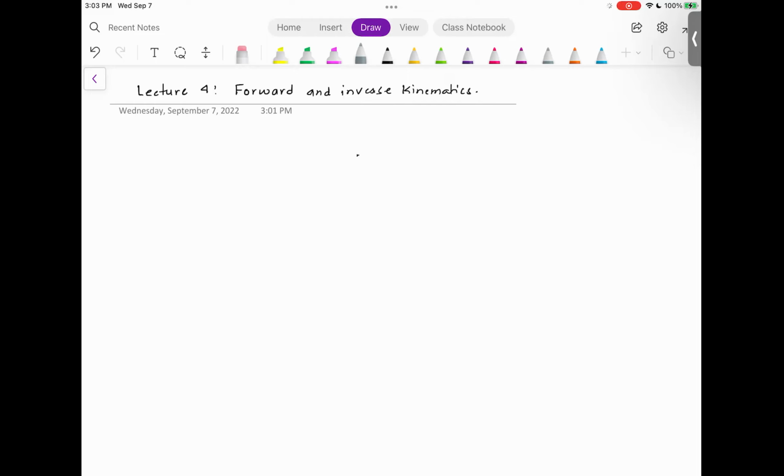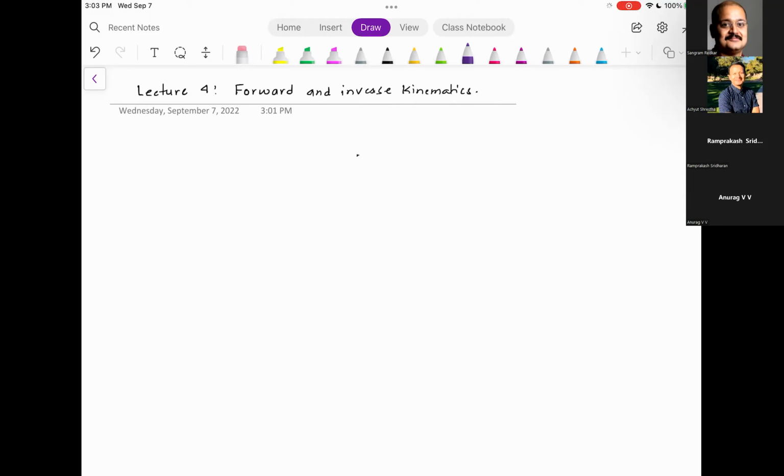Let me start with a very simple, almost trivial example that we looked at when we started looking at forward and inverse kinematics.